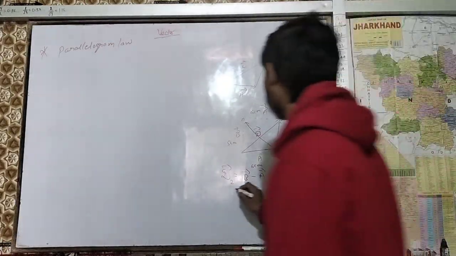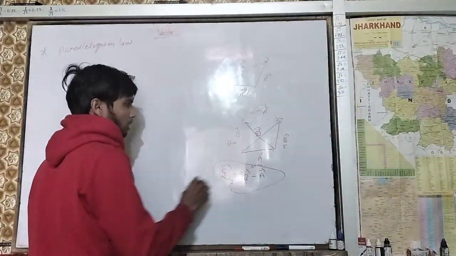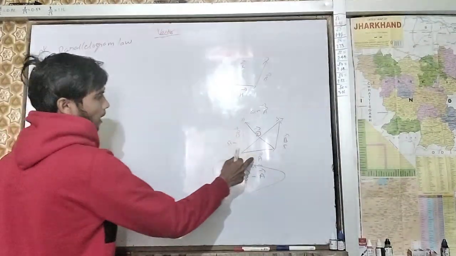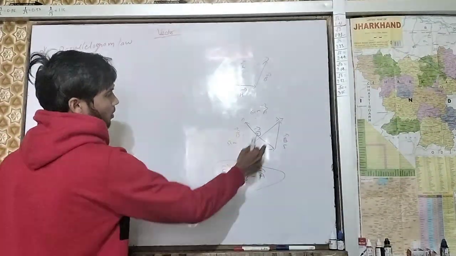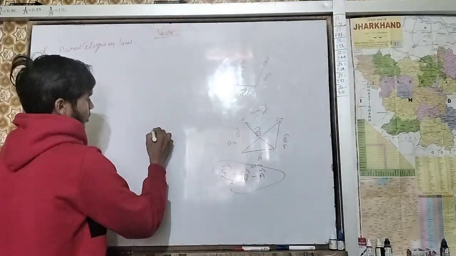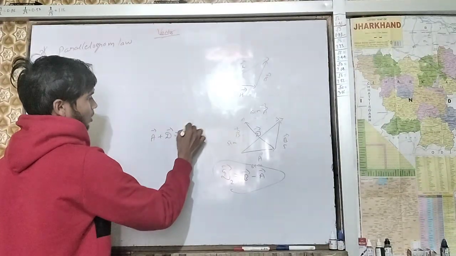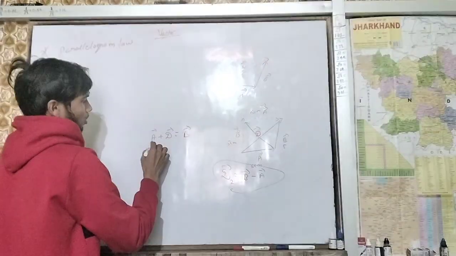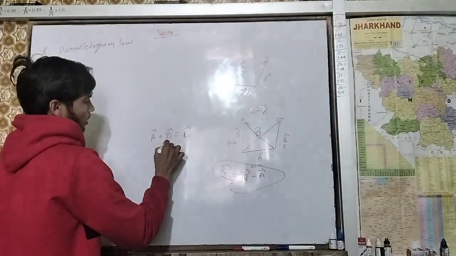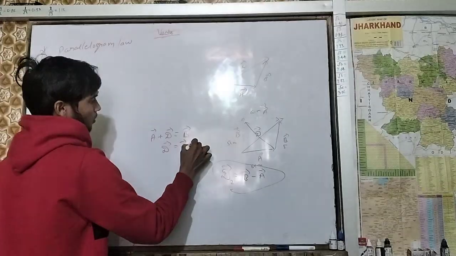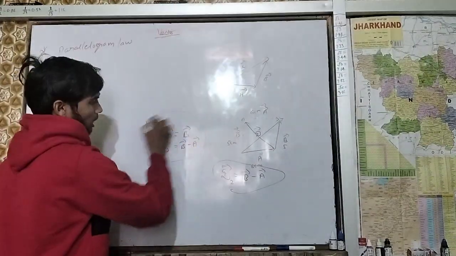How did it come? Now the question is how did it come. Here we are saying that this is equal to this. Vector A plus vector D is equal to this vector B. Now it will go this side, vector B minus vector A. That is how it came.